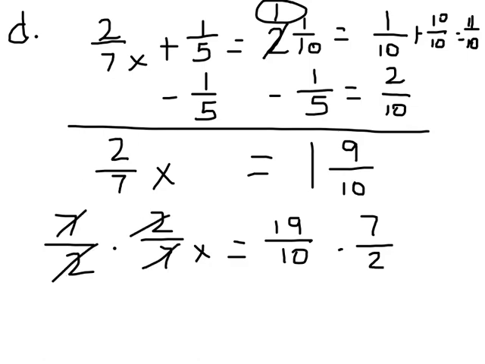Cross cancel where we can. Alright, 19 times 7. Well, I know that 20 times 7 is 140, so 140 minus 7 would be 133 over 20. And you can just leave it like that. You can reduce it if you want to, but we're going to allow you just to leave it as 133 over 20. Alright, good job.